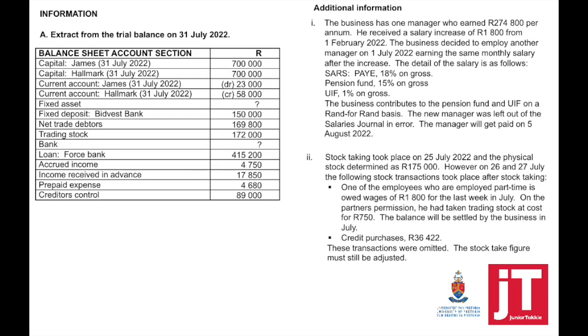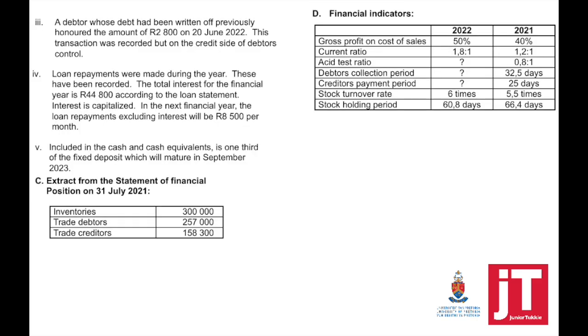They provided you information A, extract from the trial balance on 31 July 2022, additional information, and then extract from the statement of financial position on 31 July 2021, which is the end of last year. Then information D, financial indicators.